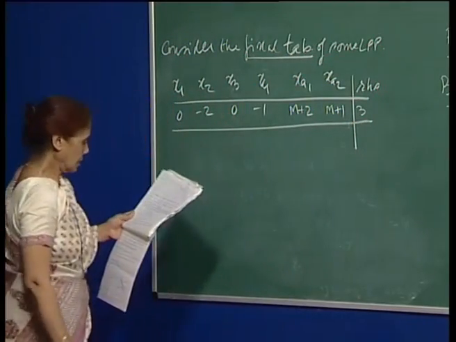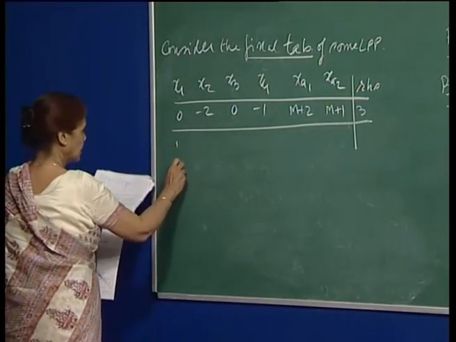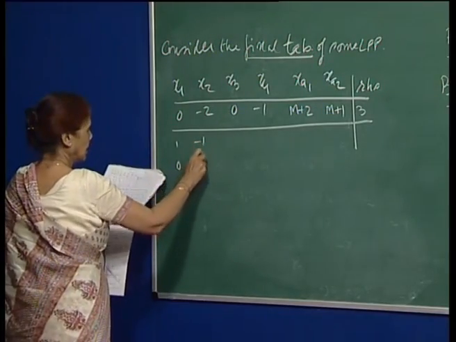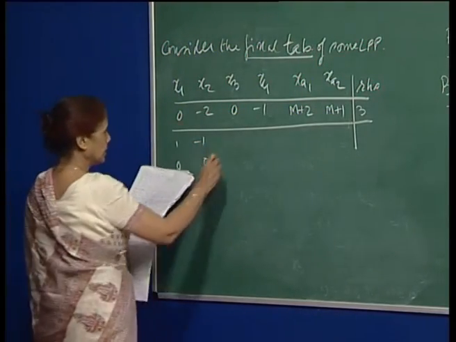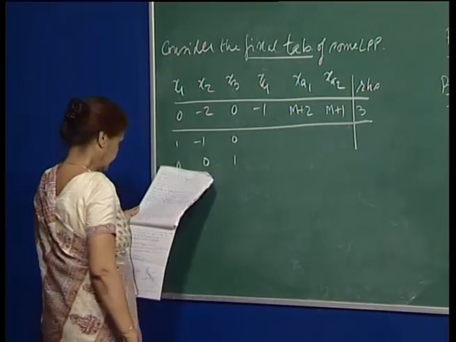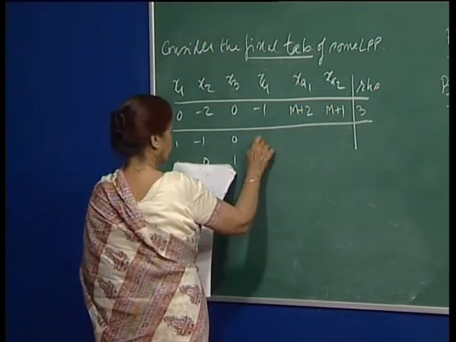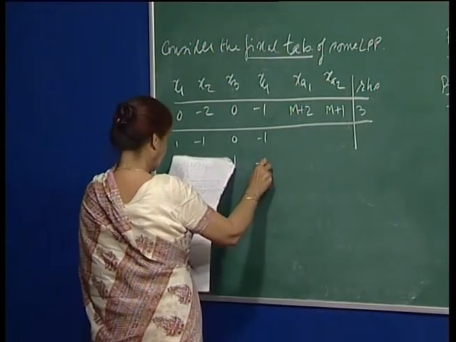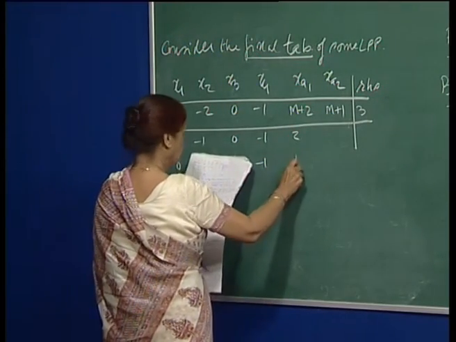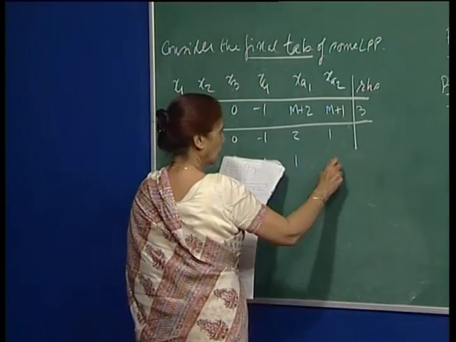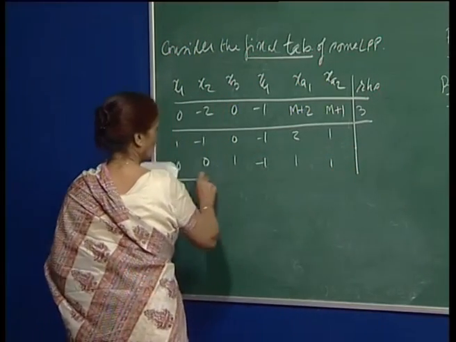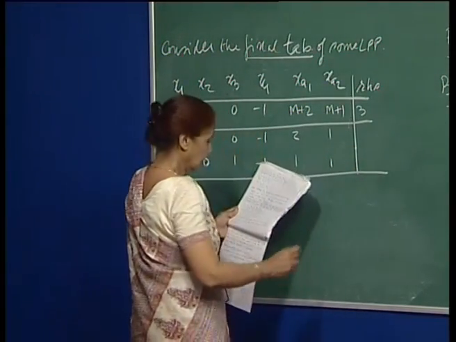Okay. Then it is 1, 0, minus 1, 0, 0, 1, minus 1, minus 1, 2, 1, 1, 1, right, and this is 3, 2.